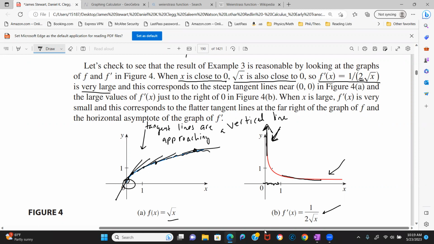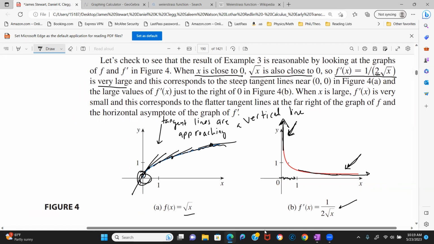So when you approach 0, your tangent lines are getting more and more vertical, so they're going to infinity. But when you go away from 0, the lines are becoming flatter and flatter, more horizontal, so they're approaching 0, and that's exactly what we're seeing here. The graph of the derivative is approaching 0.